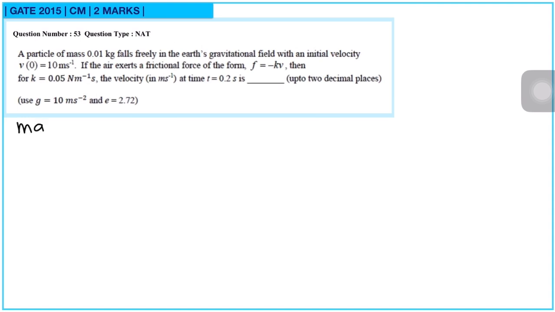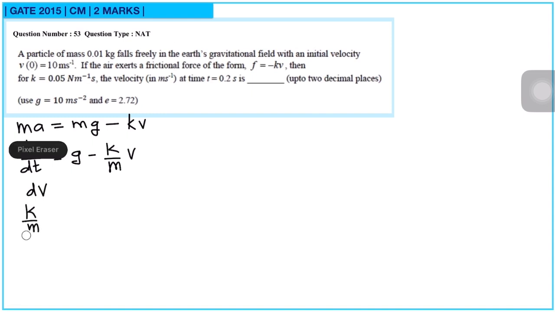Now the equation will be ma equal to mg minus kv, since it is falling due to gravity and it has a frictional force. Let us divide by m throughout, and a is dv by dt, so dv by dt is equal to g minus k by m into v. So dv upon g minus k by m v is equal to dt.